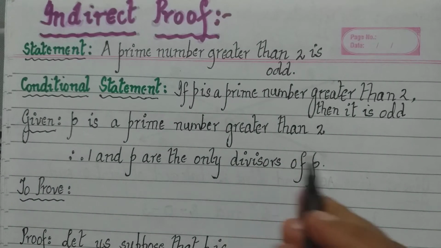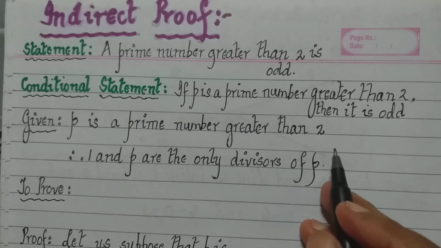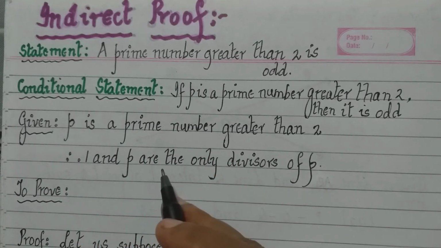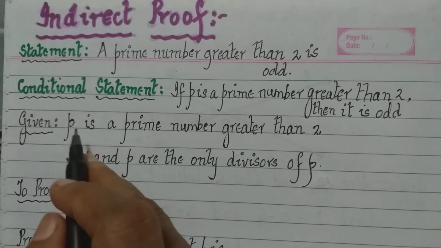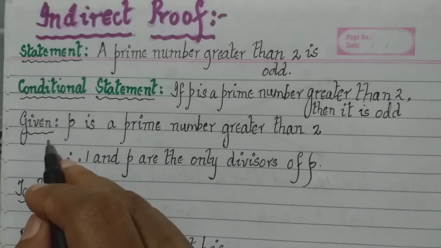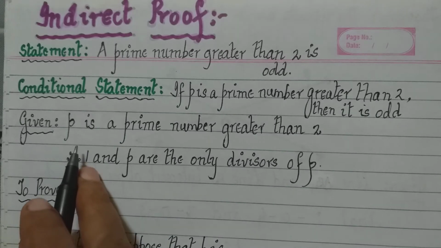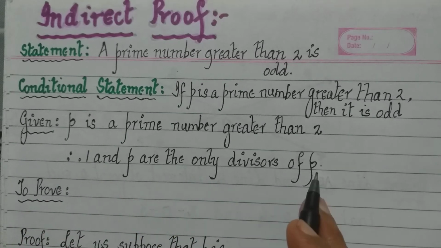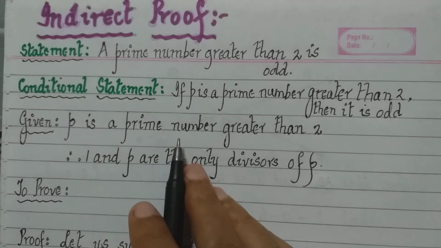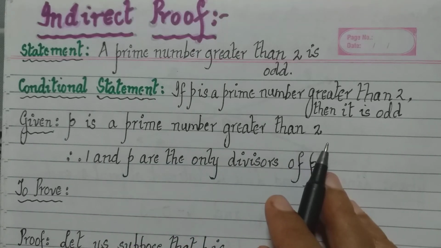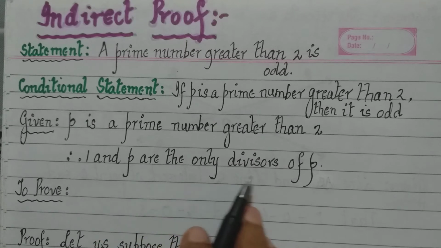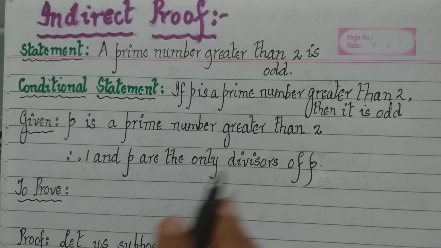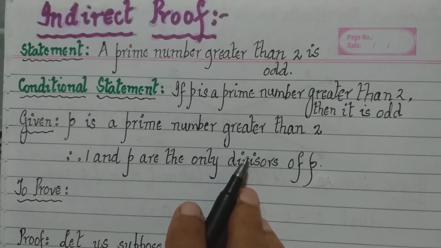Now a prime number has only 1 and itself as divisors. The prime number is P. Therefore 1 and P are the only divisors of P. So we have completed what is given.